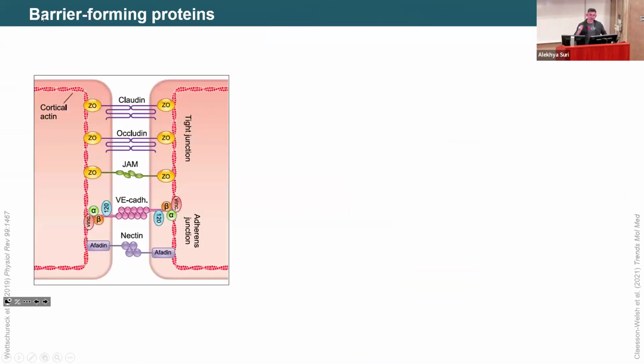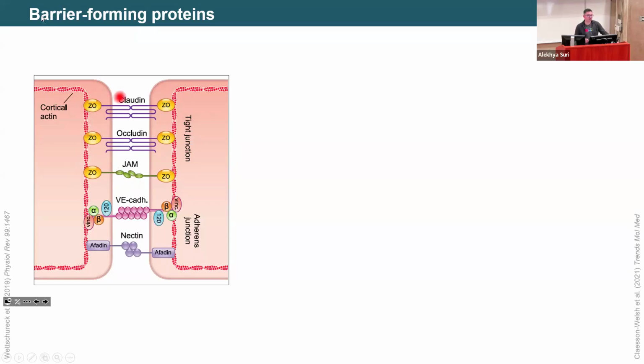So the endothelial barrier, in tight endothelia, is formed by several different types of proteins. We can classify these proteins into tight junction proteins and adherence junction proteins. The tight junctions, which are mediated by claudins, occludins, and junctional adhesion molecules, or JAMs, all of them dock to the actin cytoskeleton via ZO, or zonula occludens molecules.